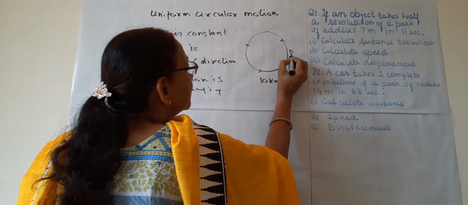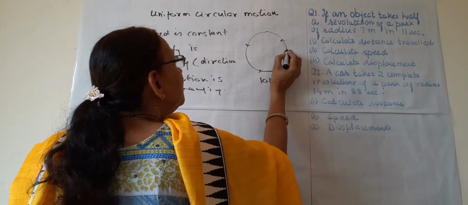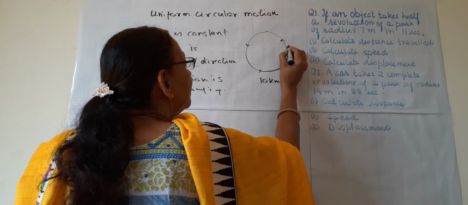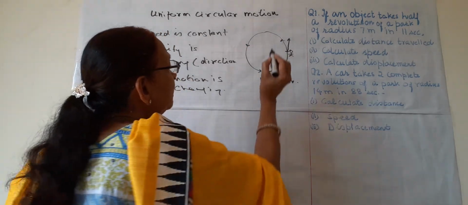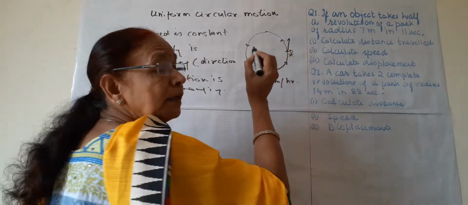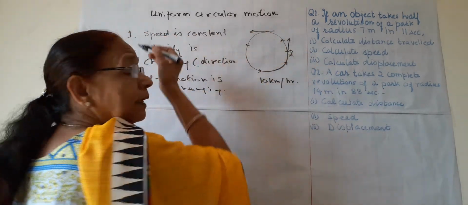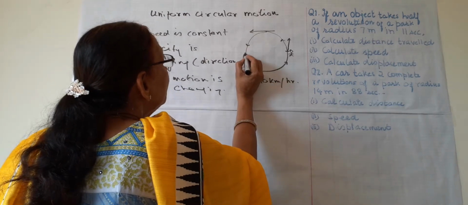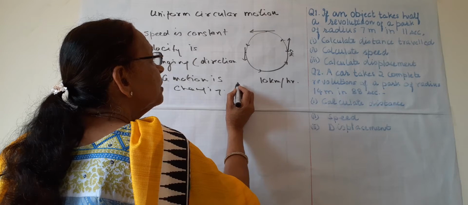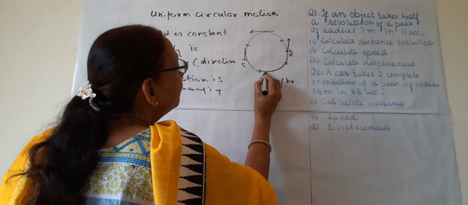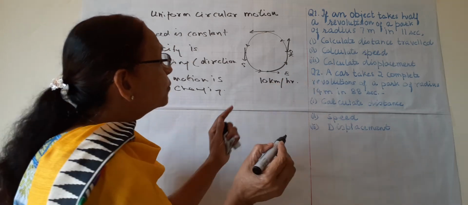Suppose that person starts from here. When he starts, his direction of motion is like this, northward. When he reaches this point, his direction of motion is like this, westward. When he reaches this point, his direction of motion is southward, and when he reaches this point, his direction is eastward.